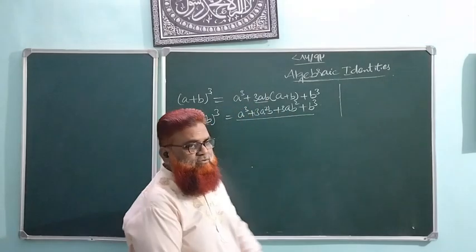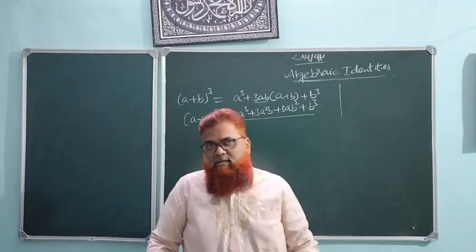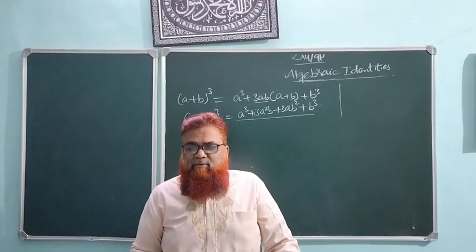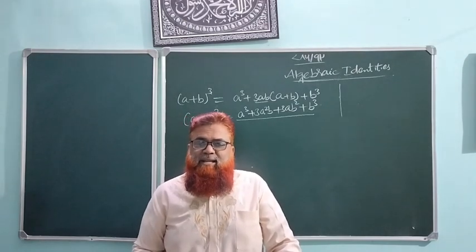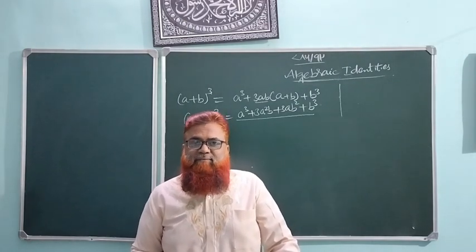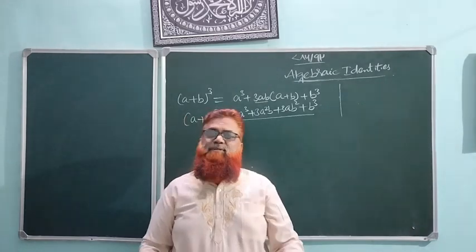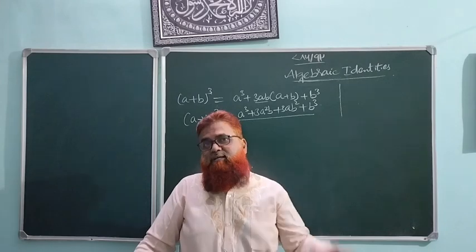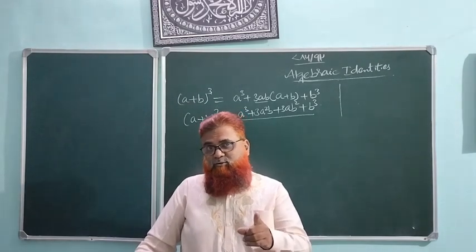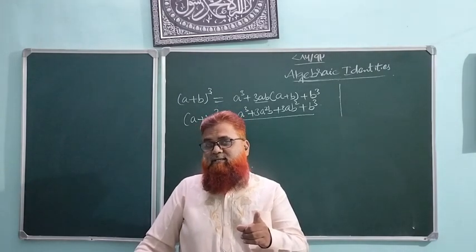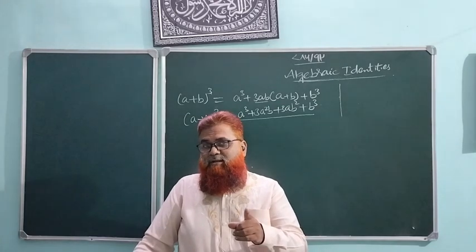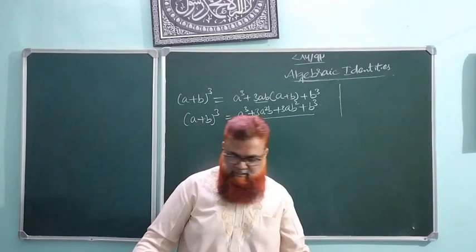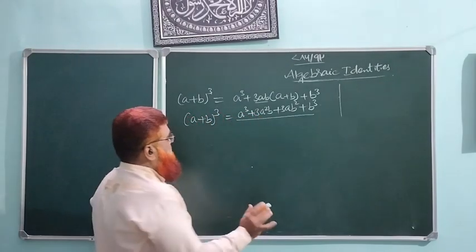In square we got 3 terms. In cube we get 4 terms. In 4th power we get 5 terms. Similarly, in 6th power we get 7 terms. For the 10th power we get 11 terms. For the 100th power we get 101 terms. For the nth power, as I told you, the basic criterion of the binomial theorem, n + 1 terms.